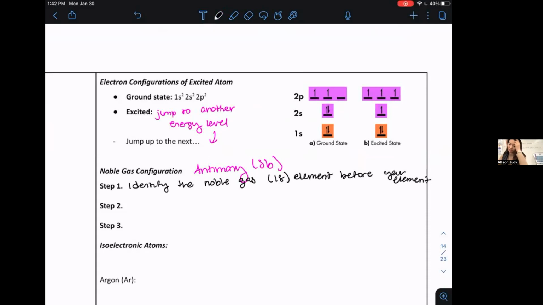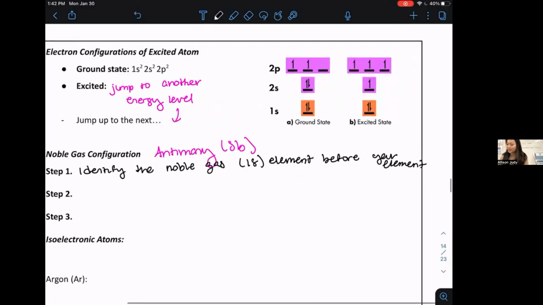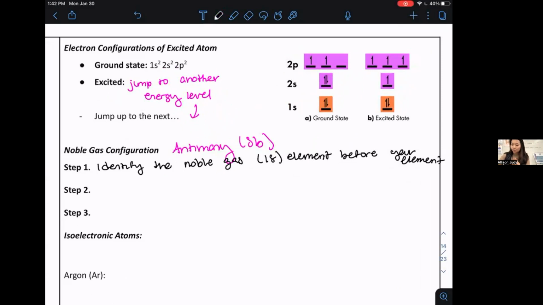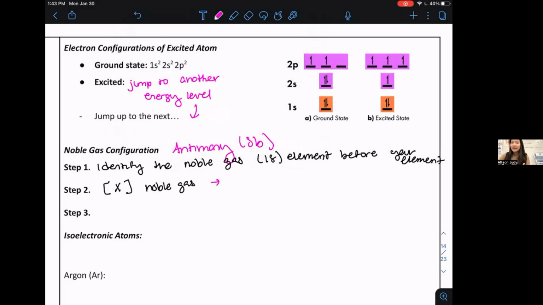You will soon become masters of interpreting my Apple Pencil writing. Step 2, put that noble gas that you identified in step 1 into brackets. So for antimony, the noble gas before antimony is krypton.